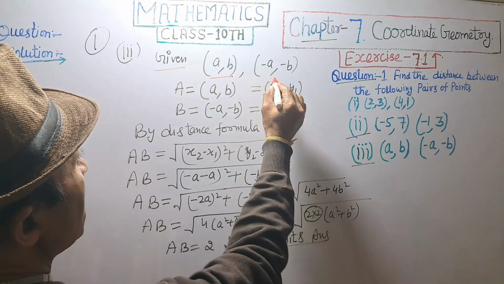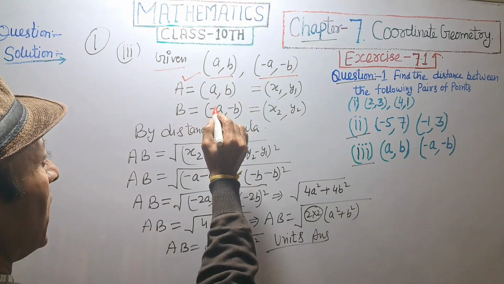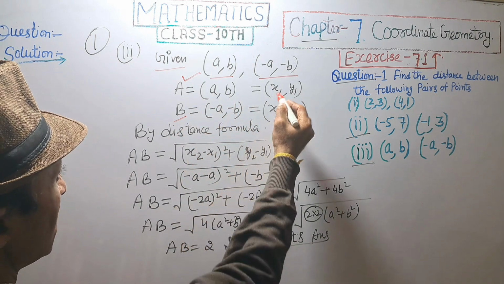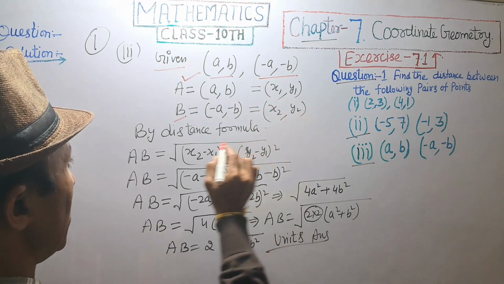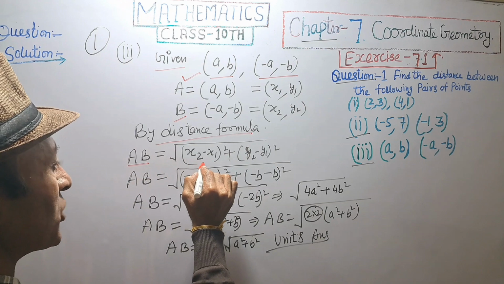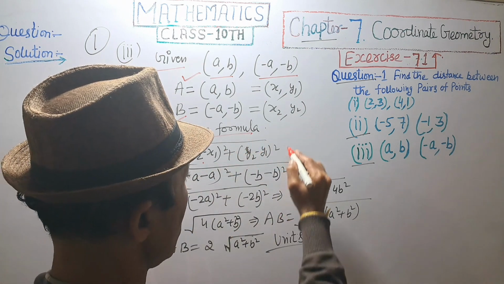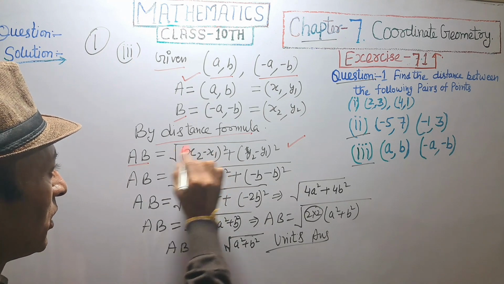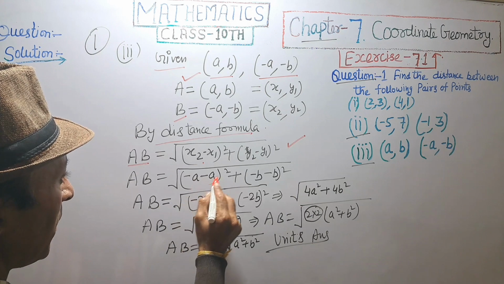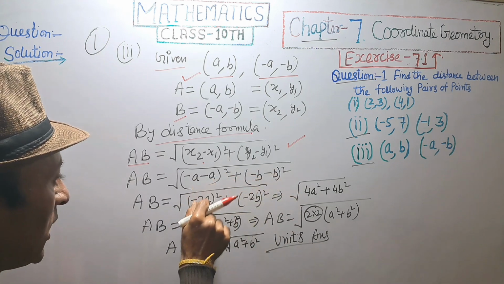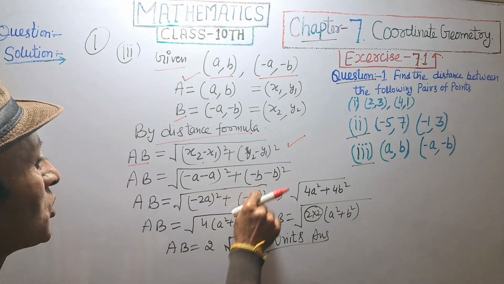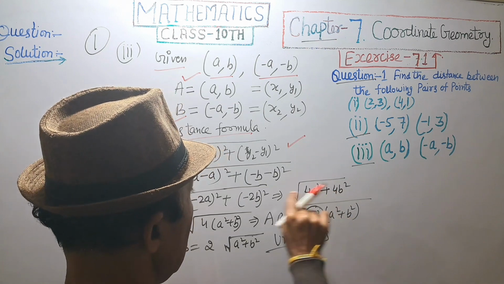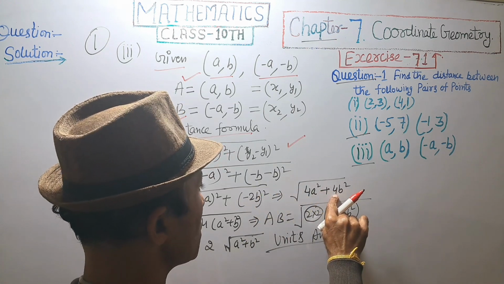Given (a, b) and (minus a, minus b). Let A be (a, b) and B be (minus a, minus b), that is x1, y1 and x2, y2. Using the distance formula, AB is the square root of (x2 minus x1) square plus (y2 minus y1) square. Putting the values, minus 2a square plus minus 2b square. 2a square is 4a square and minus 2b square is also 4b square.